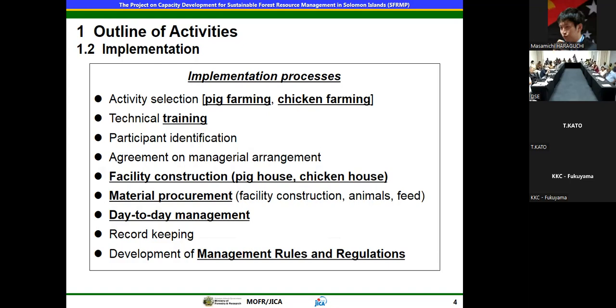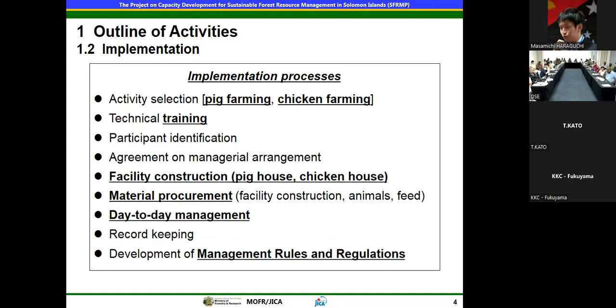The project assisted in procuring materials for the construction, and also animal feeds, as well as pigs and chickens or birds. The project also assisted in their day-to-day management of these two activities, pig farming and chicken farming.